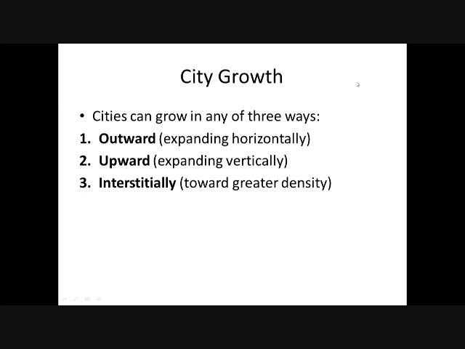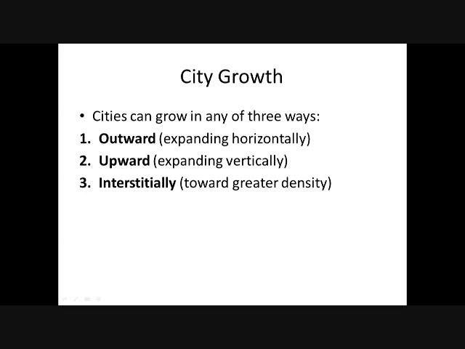Like what happened in Kuwait and Jeddah, they started to divide the large plots of land into two, or three or four. So they create more density in the same city instead of expanding the city outward or upward.